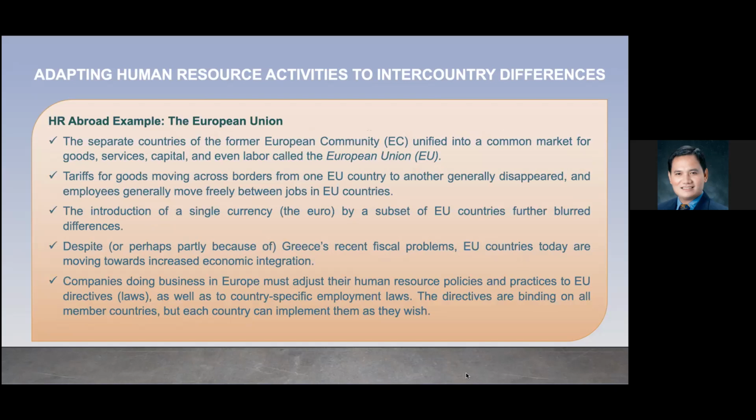Okay, this is an example of a situation abroad, like the European Union. For the EU, the separate countries of the former European Community, or EC, unified into a common market for goods, services, capital, and even labor, which is called the European Union, or EU.